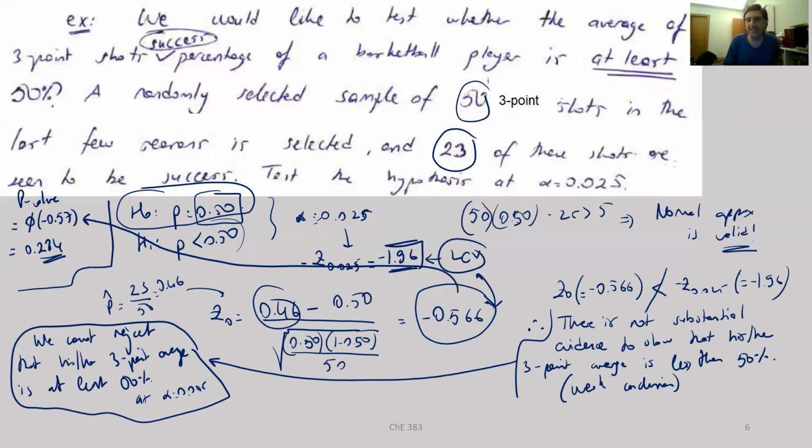Note that, again, let's look from a bird's eye point of view. P is suggested to be 0.50 or even greater than that, at least 0.50 here, although the sample mean is found out to be equal to 0.46. So this one is lower than that value. On the other hand, I still cannot accept H1. So you may ask why this is the case, but these are mathematical calculations and statistical reason.